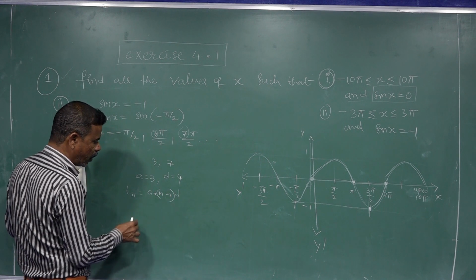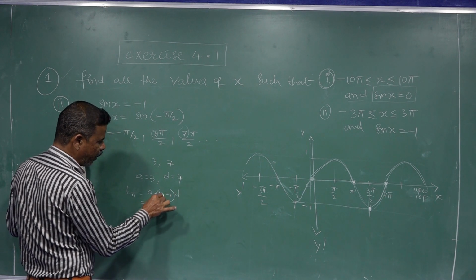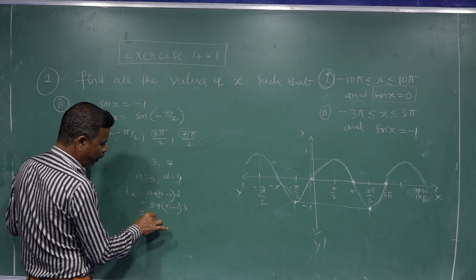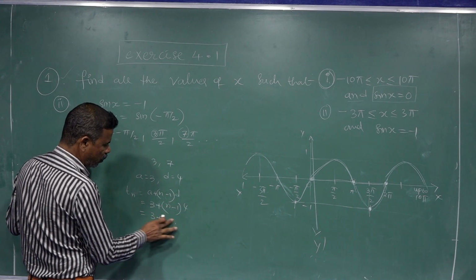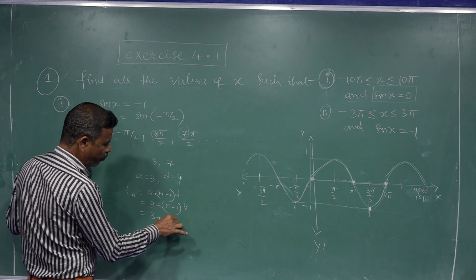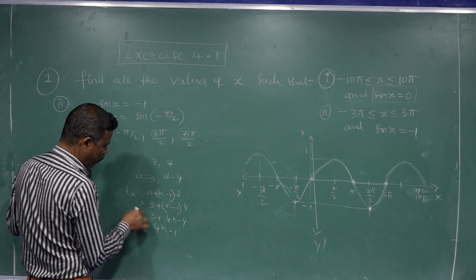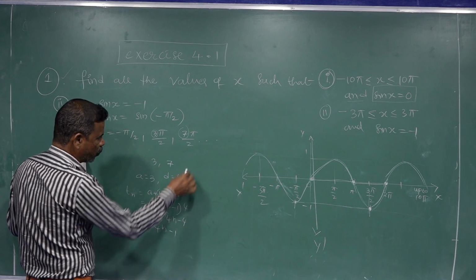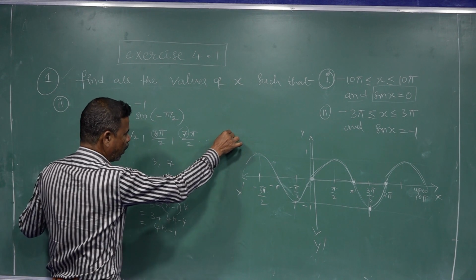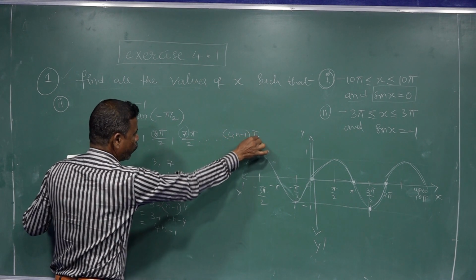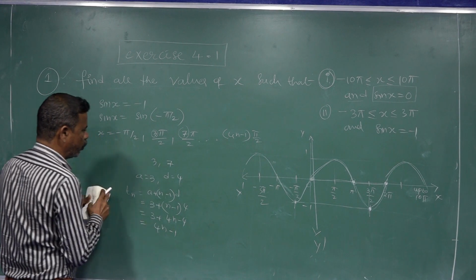This is an arithmetic progression. A is 3, n we don't know, n minus 1 into d, which is 4. So 3 plus 4n minus 4, so this is 4n minus 1. This is the nth term, multiplied by π by 2. That is the nth term.